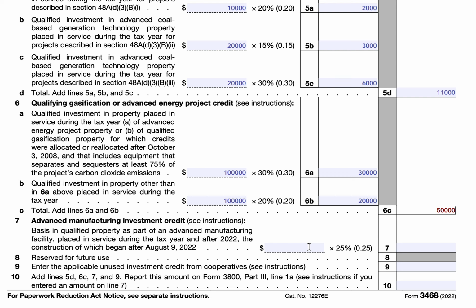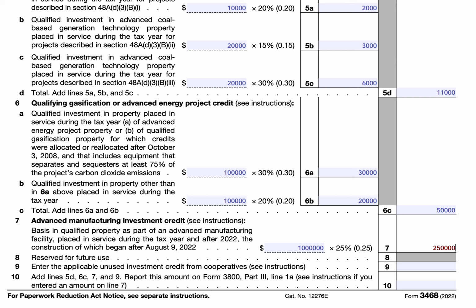So an advanced manufacturing facility is one whose primary purpose is the manufacturing of semiconductors or semiconductor manufacturing equipment. So let's just say we spent $1 million on this facility. We would be able to take a $250,000 tax credit in the given year, right?